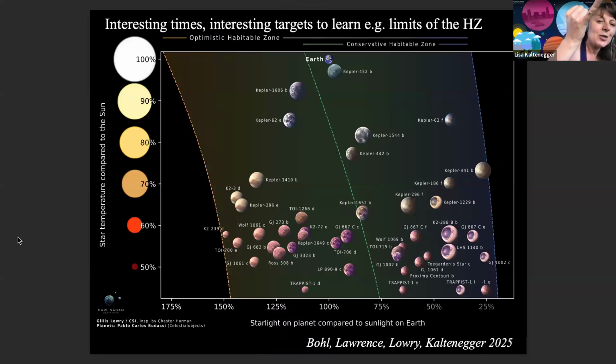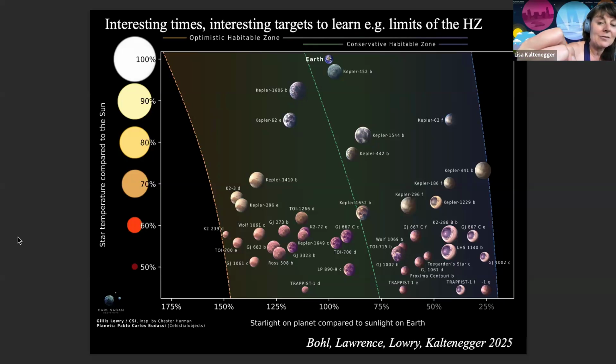And you see the stars and how bright they are. The M stars, the small red ones, are on the bottom, and the F stars on top. But basically what you see is that most of the planets, as Emily was just talking to us about before, are around these M stars. And so it starts to be critical to actually explore where these limits of the habitable zones are.